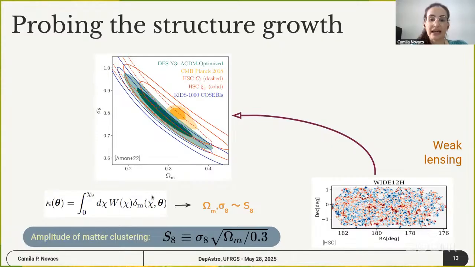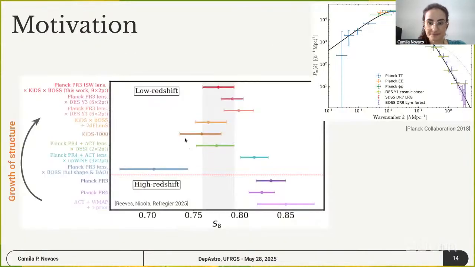So it can provide you information about the density of the matter, and also about the sigma 8 parameter. We usually constrain this combination of the two parameters because they are degenerate. This expression is used because of how they are degenerate, the dependence on the two parameters.